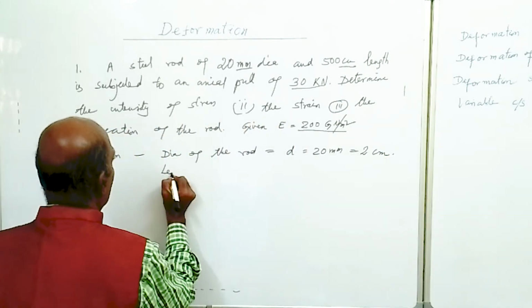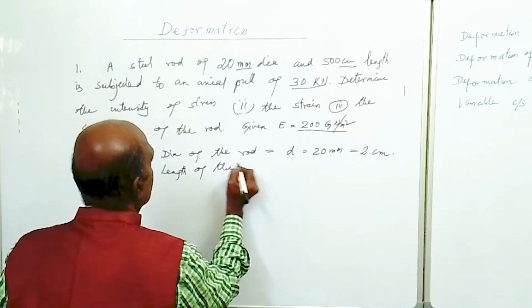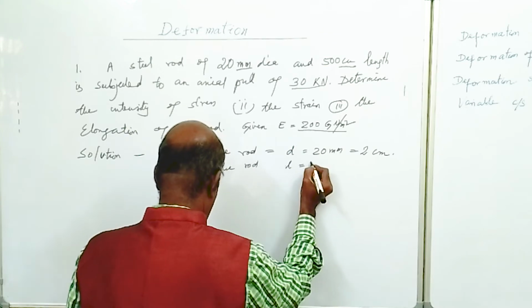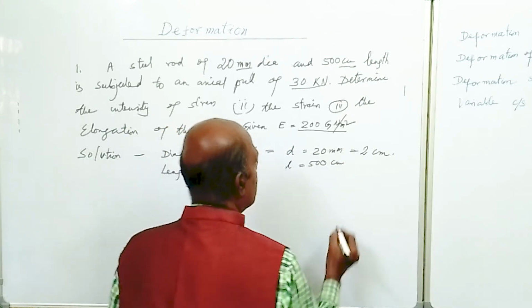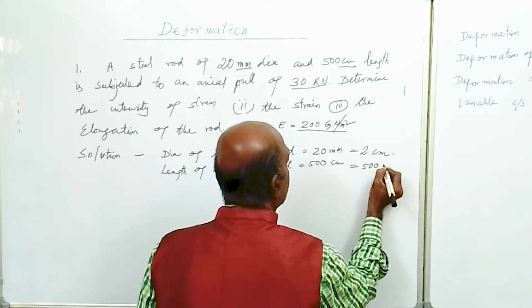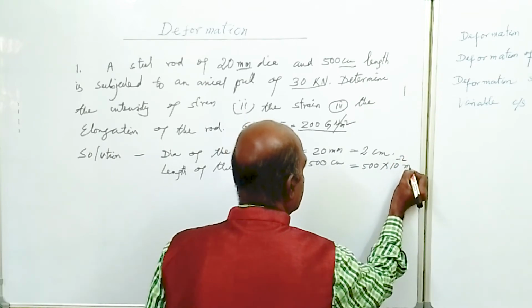Now length of the rod is given as L is equal to 500 centimeter, which is equal to 500 into 10 to the power minus 2 meter.